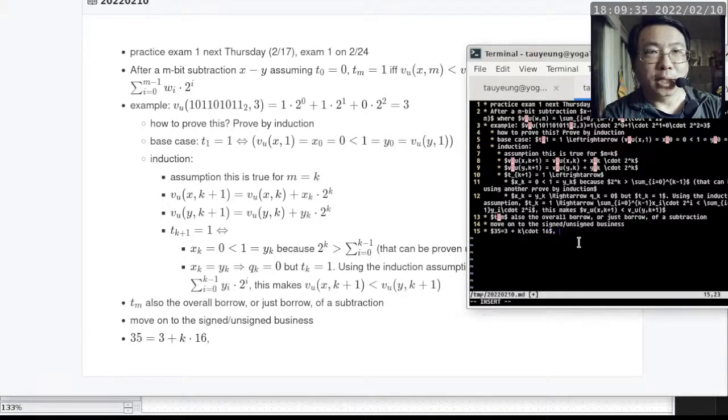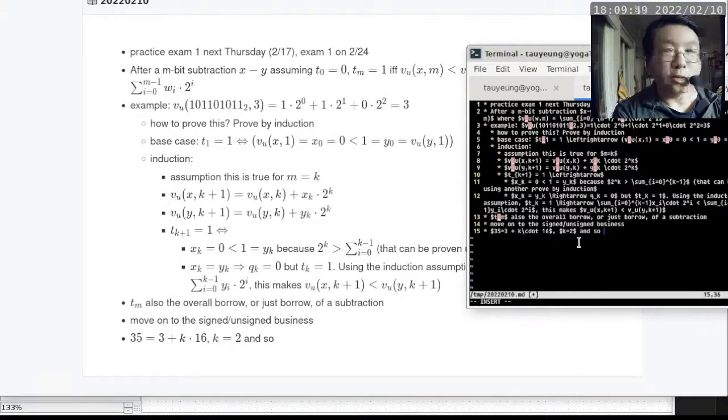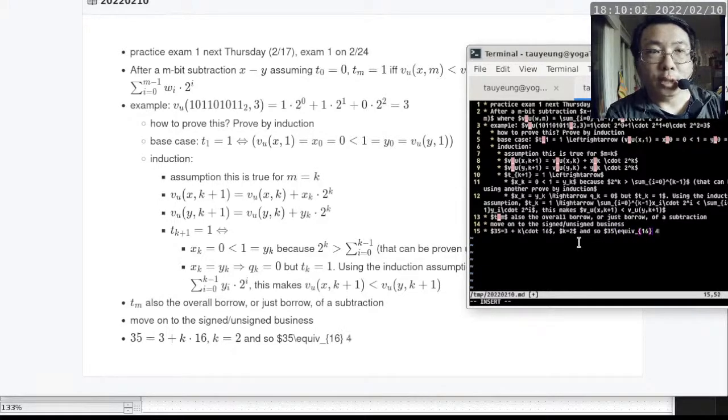So k can be 2, and so 35 and 3 are congruent modulo 16. So Chris is correct about that. So the notation is to say 35 hamburger 16 3 is true.